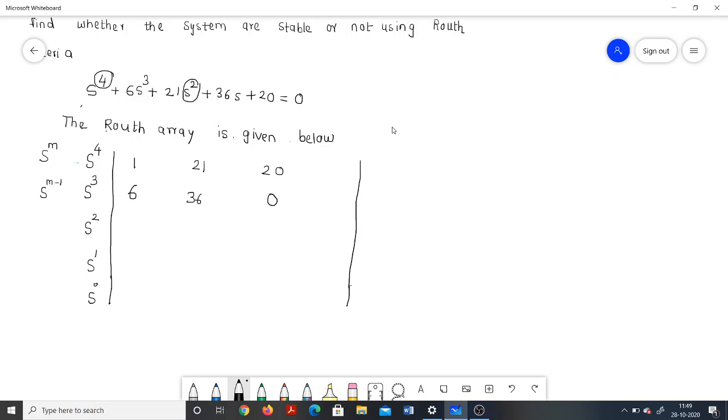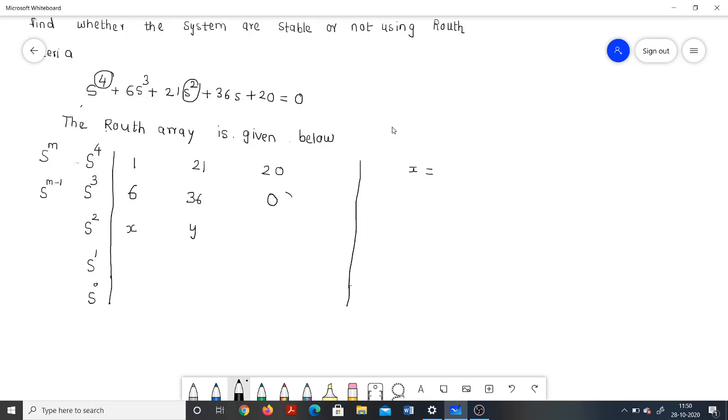Next, the s raised to 2 terms of the Routh array will be calculated using the previous 2 rows. Suppose the first coefficient of this row is x and this one is y. Let us see how x and y are calculated. To calculate x, we use the previous 2 rows.